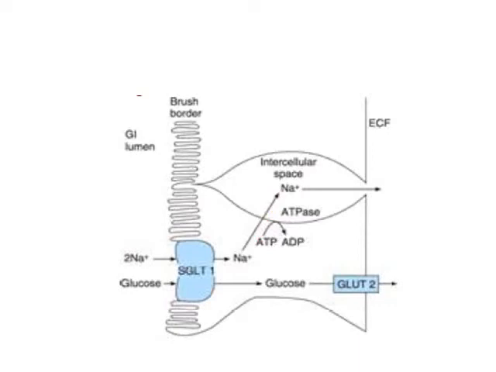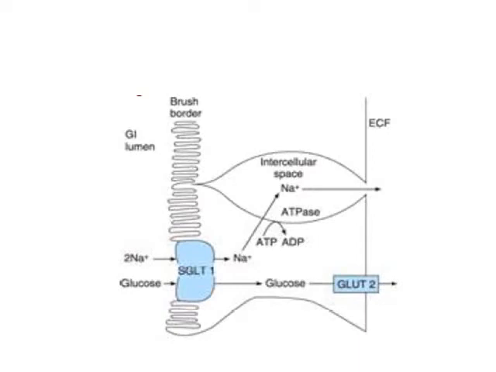The glucose mechanism also transports galactose. A congenital defect in the sodium glucose cotransporter results in glucose or galactose malabsorption, causing severe diarrhea that is often fatal.